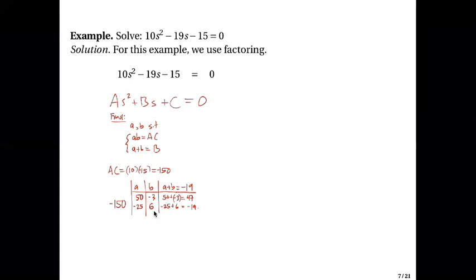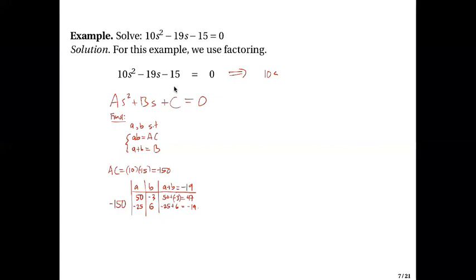From this equation here, let me write again: 10s squared minus 19s minus 15 is equal to 0.